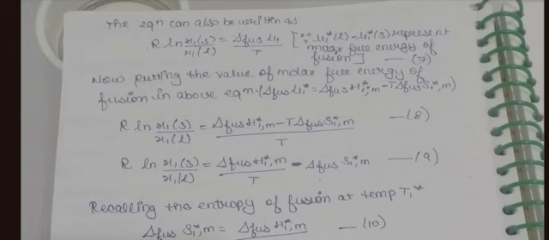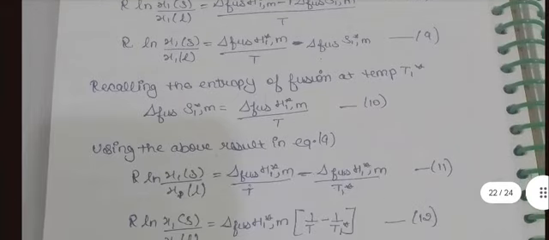Now putting the value of molar free energy of fusion in the above equation, Δfus μ1* is equal to Δfus H1* m minus T Δfus S1* m. So R ln (X1S by X1L) is equal to Δfus H1* m by T minus Δfus S1* m.